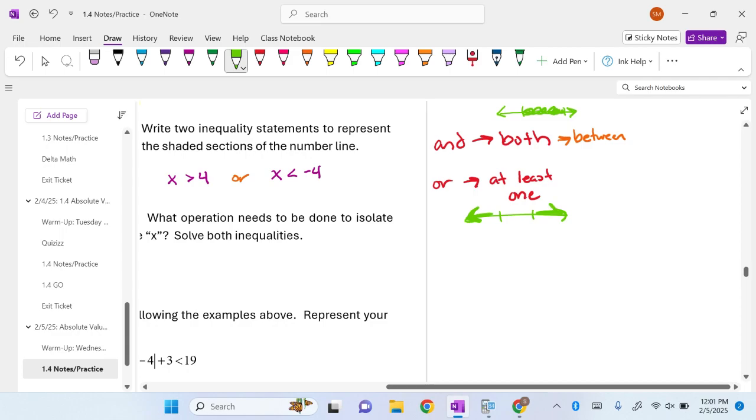But as long as your answer falls in one of those shadings, it's a true statement. So that's the difference between an AND graph and an OR graph. And that's also how you can tell what word to use between them.